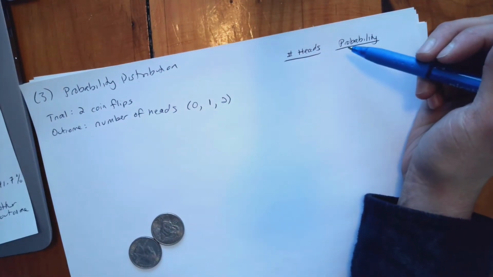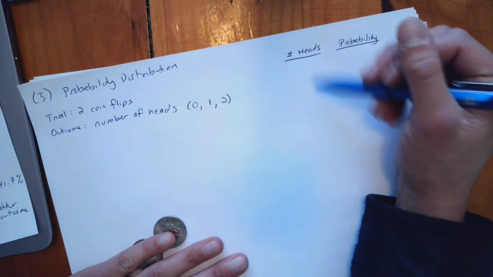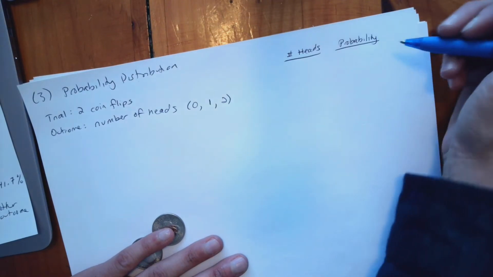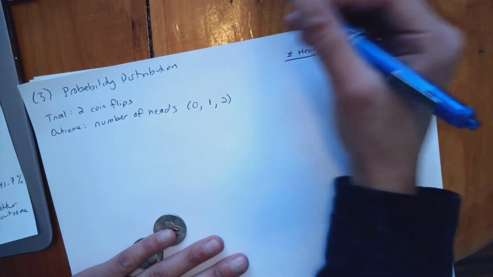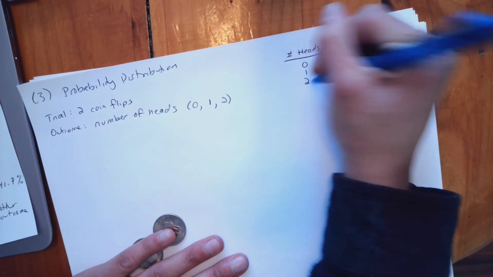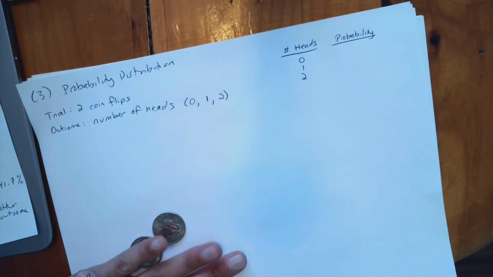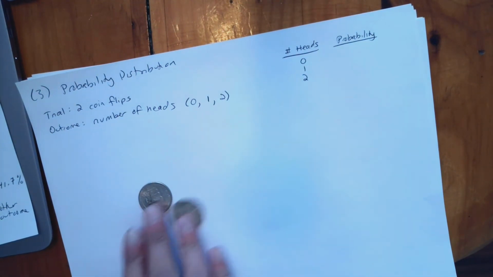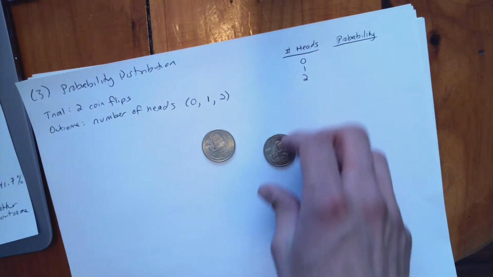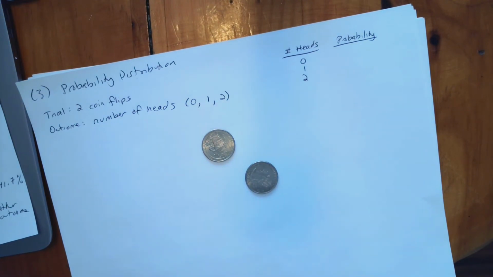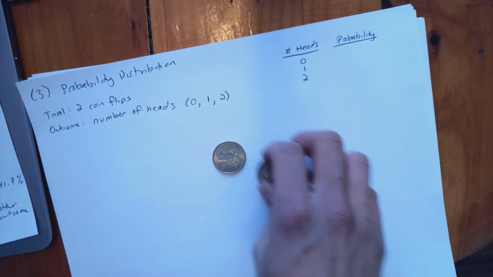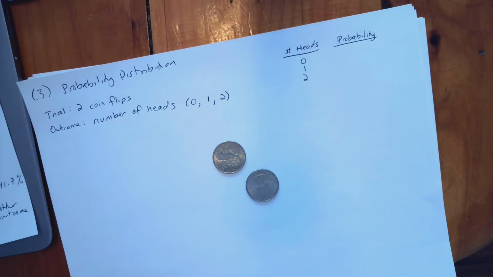A probability distribution, again, lists the possible outcomes that you can have, as well as the probability of obtaining each one. So when thinking about numbers of heads, we have these as our possible outcomes. You can either have 0 heads, 1 head, or 2 heads. Those are the only possible outcomes we have when we flip 2 coins.